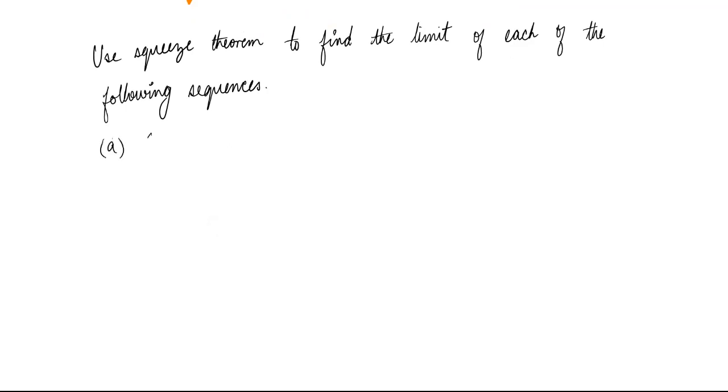A, cosine n over n squared. Well, to find the limit of this particular sequence directly will give us an indeterminate situation, or it can be undefined.